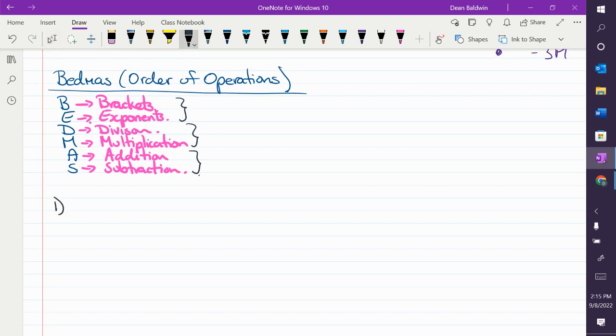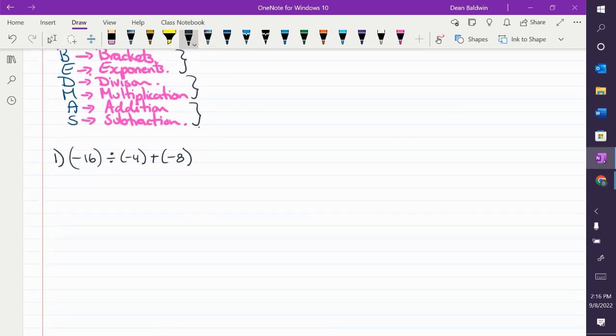So let's start with a couple of examples here. Example one: negative 16 divided by negative 4 plus negative 8. What do we do first?